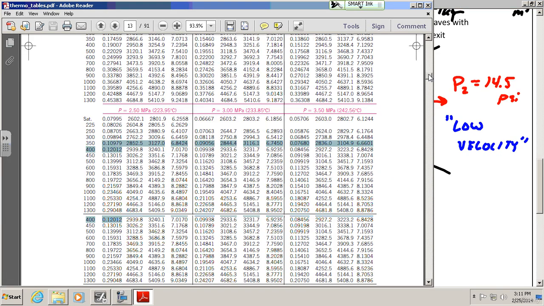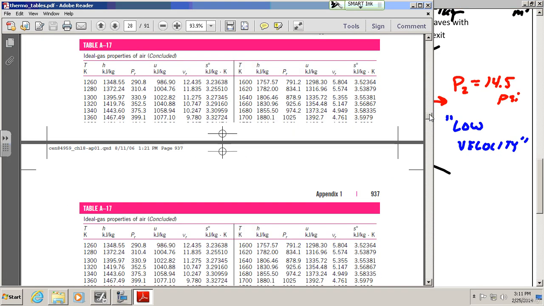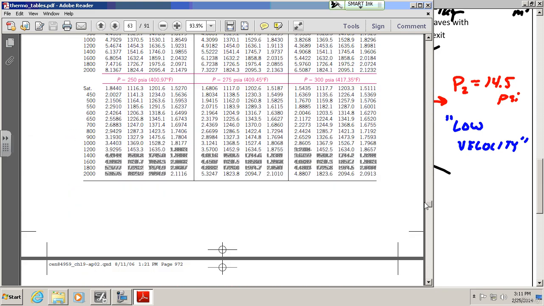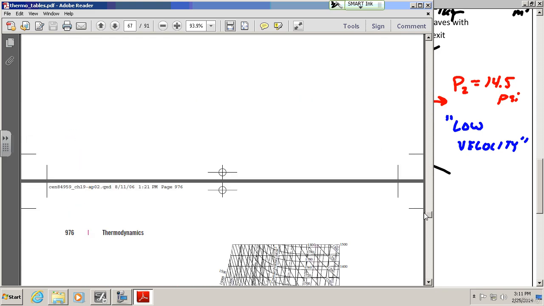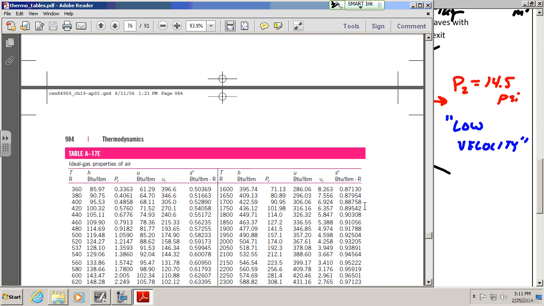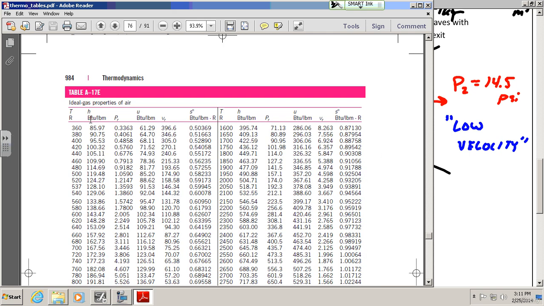If we do that, we got to go to English. Got to go to our English tables here. Keep going, keep going. There it is. Okay, now I've got the H for air for 500 Rankine, and I've got the H for air for 520 Rankine, right?